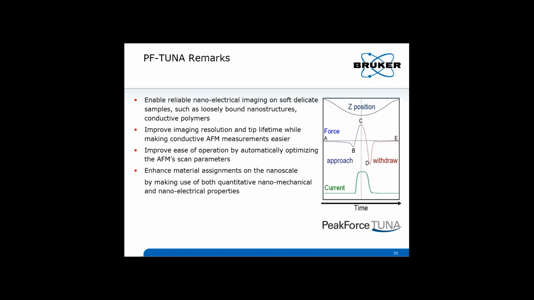Because of peak force tapping mode and ScanAsyst, we improve the ease of operation by automatically optimizing the AFM scan parameters. In addition to the above, we get enhanced material assignment on the nanoscale by making use of both QNM and TUNA imaging.